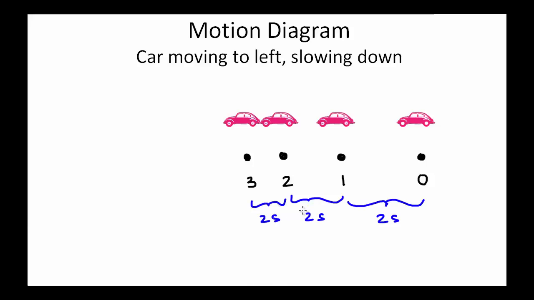Once we pick a time interval, it's the same across all successive points on a given motion diagram. So here's our motion diagram for this example that we have been discussing of the car moving to the left and slowing down as it goes. Notice that it captures all of the information that we have talked about, but in a more succinct manner without having the pictures.